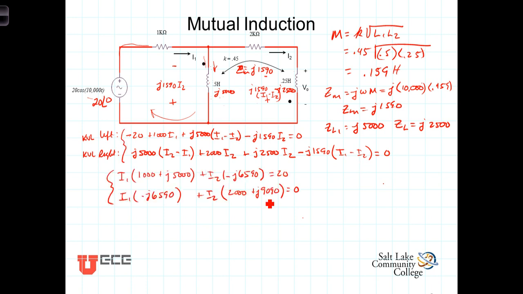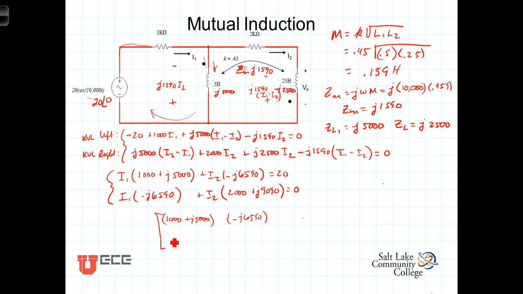Alrighty, after combining terms, we get these two equations, which are all set up to put into a matrix solver of your choice. When we do that, let's write the A matrix. The A matrix is going to be 1000 plus j5000, and let's put it in parentheses, minus j6590.